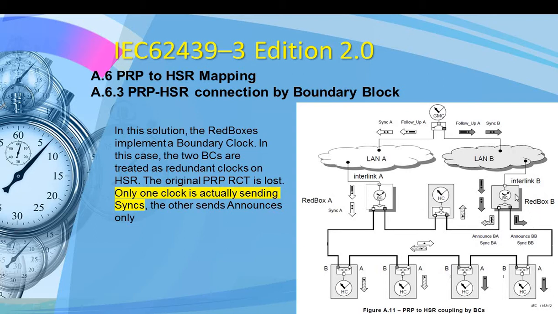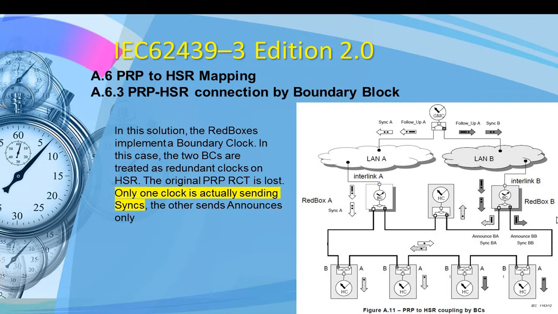So this active red box is on the top port, because it directly connects to the grandmaster via LAN B. So this top port runs as slave mode, but the bottom port A and port B run as master mode.